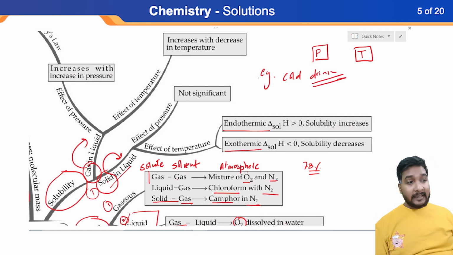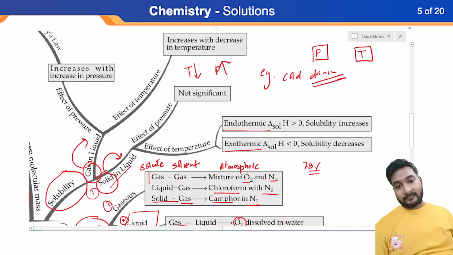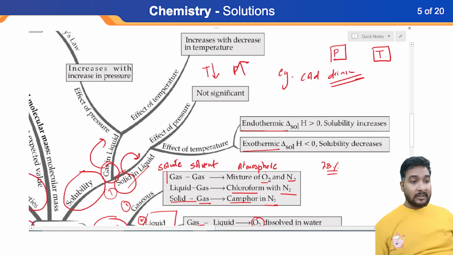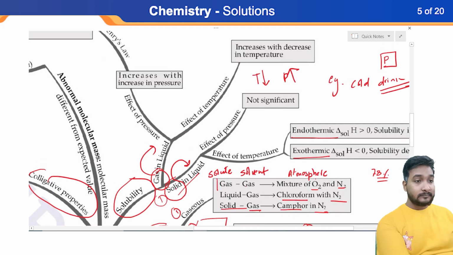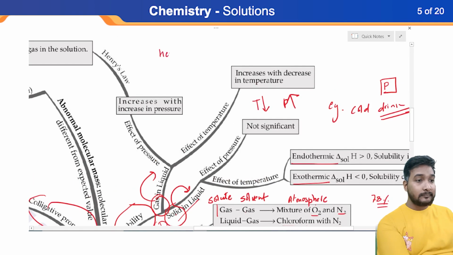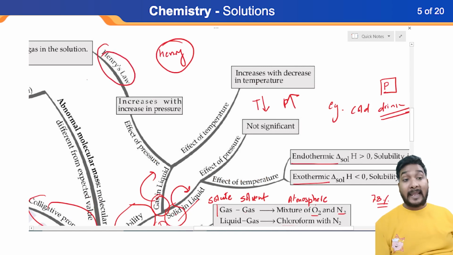So what we can say is, if we decrease the temperature and increase the pressure, we can easily dissolve any kind of gas in liquid. This concept was first proposed by the scientist Henry, and this law is called Henry's law.